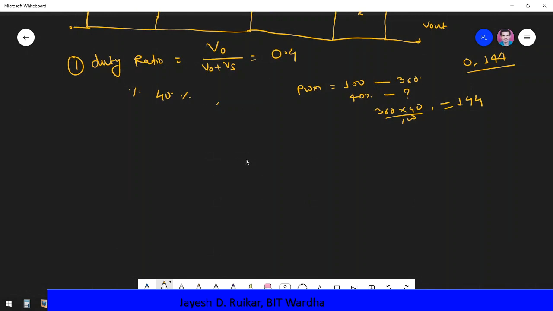Next we will calculate the average inductance current. First we will calculate the average inductance current for L1 and L2.